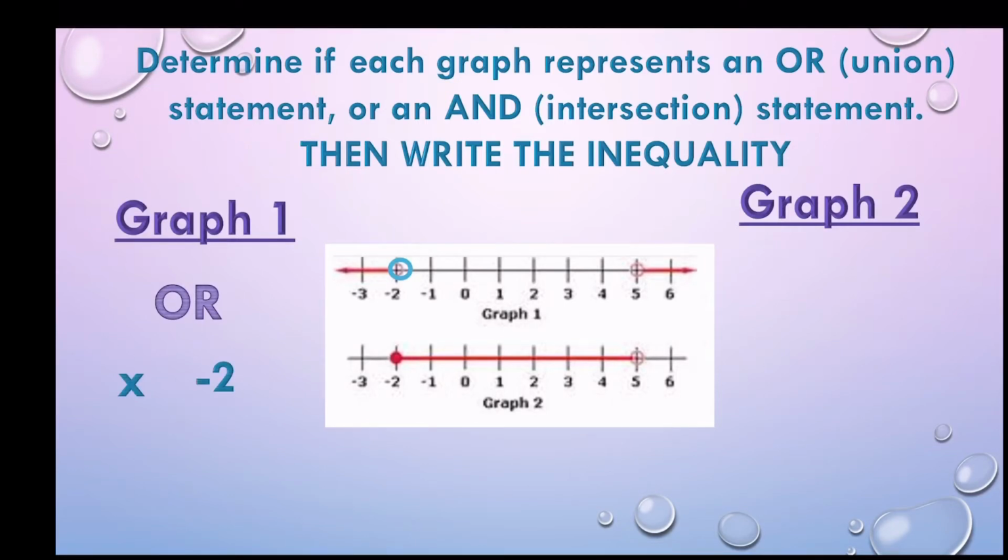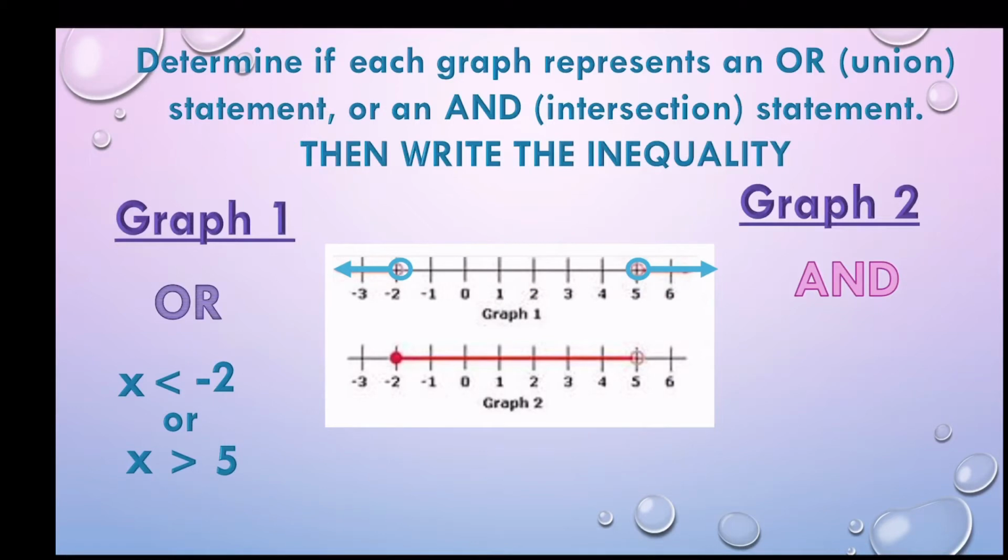So I would use the symbol less than, because everything less than -2 is shaded. Then it's or x is, notice the open circle at 5, greater than. It's going to be one or the other, not both.